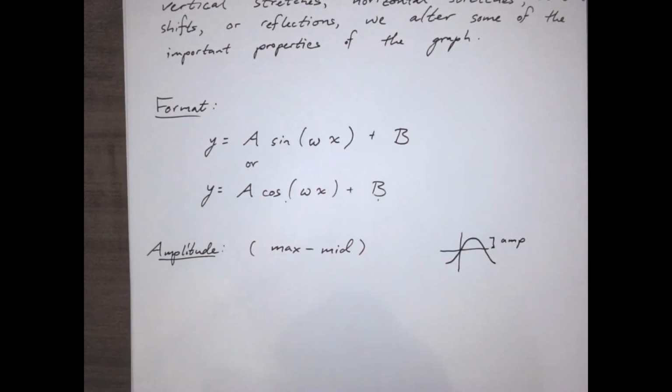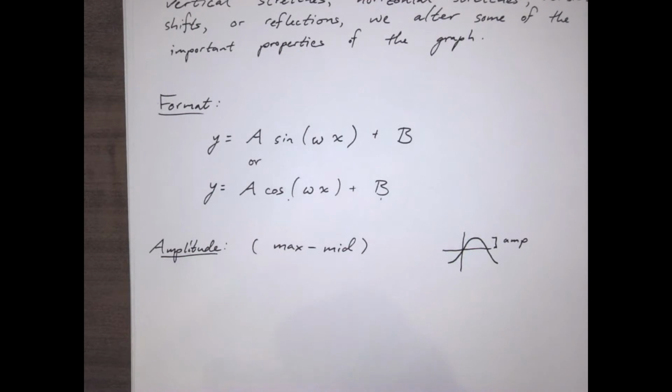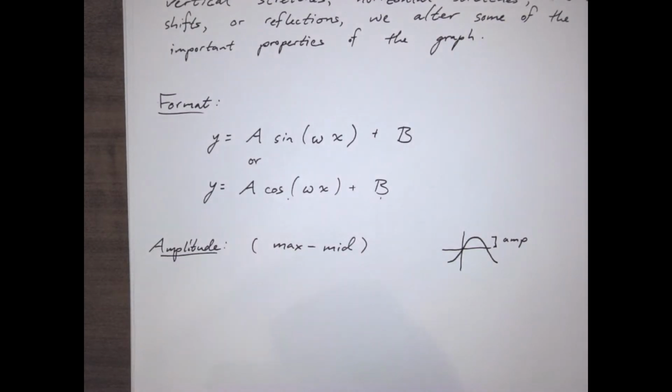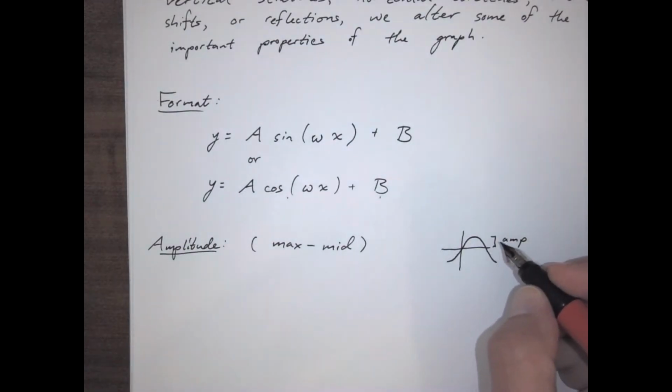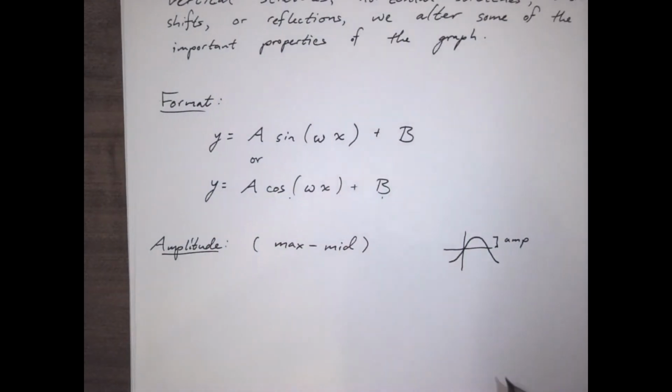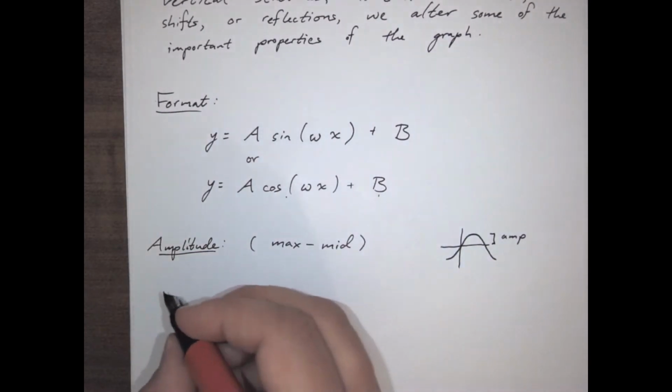The amplitude refers to basically the stretch of the function. Ordinarily, these functions verge 1 unit up or 1 unit down from their midline. That's their default setting. However, if they get amplified by a factor, then that's going to change the amplitude. The word amplitude, by the way, technically in Latin means width. So we're widening the function. The amplitude is the distance from the midline to the max, or the midline down to the min, either way.